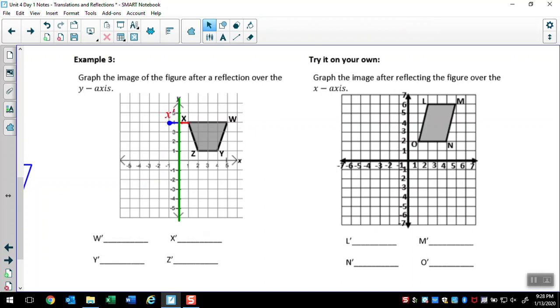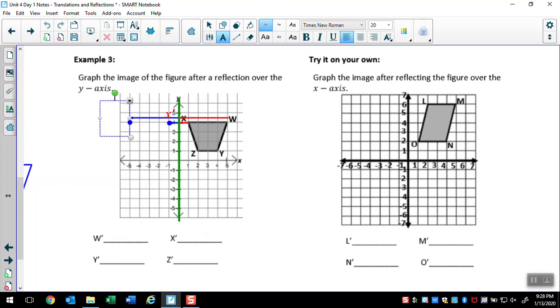Now, when I go to graph w, okay, that is going to be 1, 2, 3, 4, 5 units away from the y-axis. So its image is also going to be 5 units away. So 1, 2, 3, 4, 5. So its image is going to be here. And then I'm going to label this point as w prime.